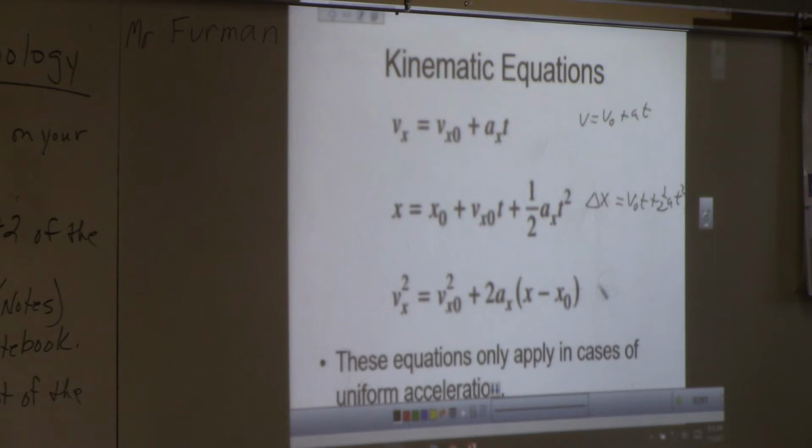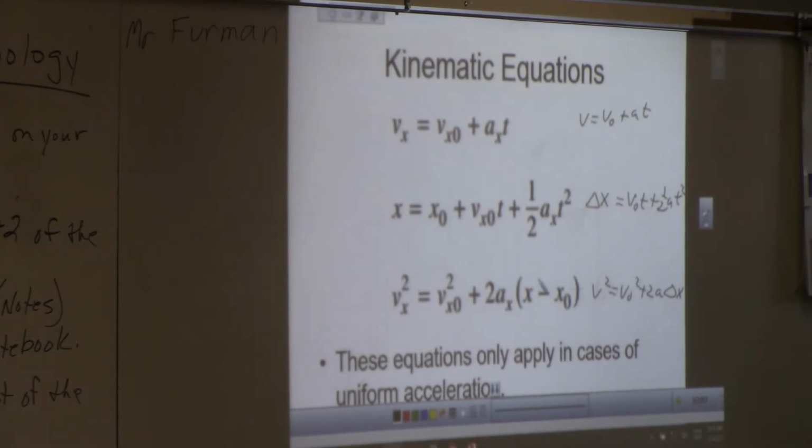And for this one, v squared is equal to v naught squared plus 2a delta x. I don't think I've ever seen a problem, have you, where they give you the initial position and the final position and plug them in? Or if they do, solve that offline. Have you seen that, Lee? I'm sorry, repeat the question?